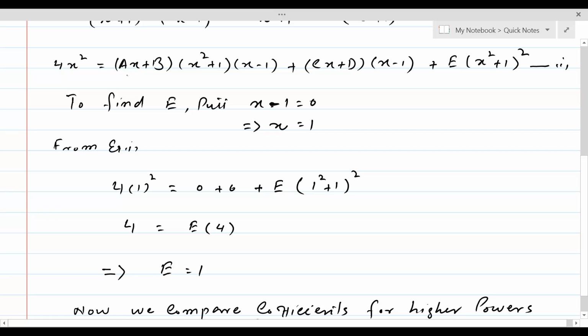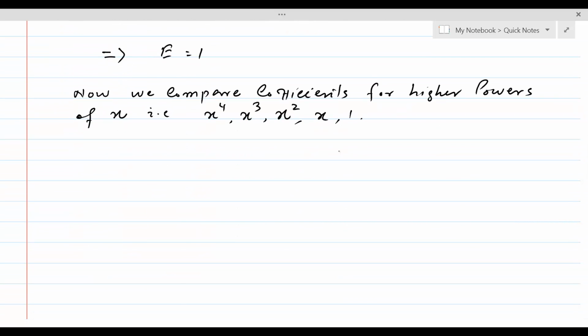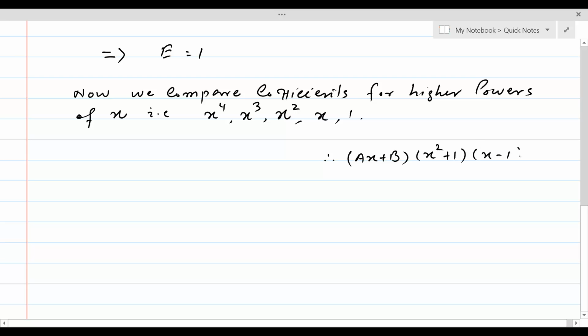So let's expand this term (ax + b)(x² + 1)(x − 1). Let's expand it. This would be (ax + b) into (x³ − x² + x − x² + x − 1).